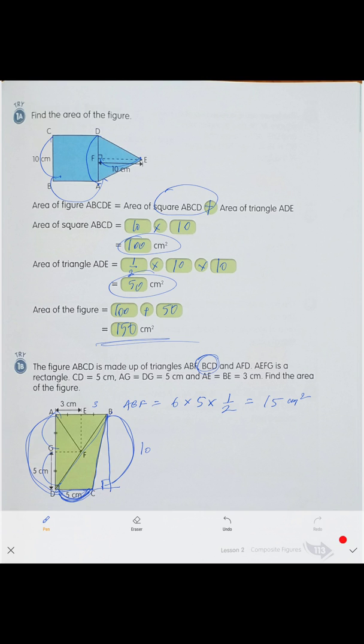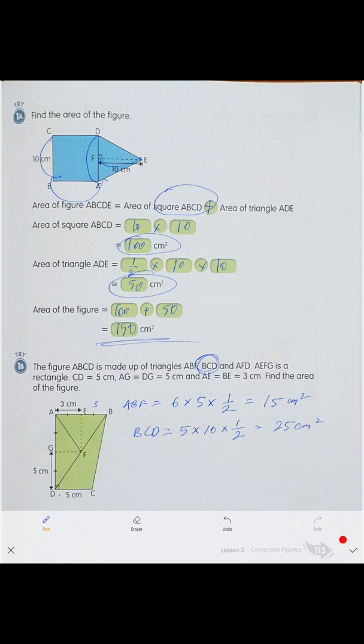The base is 5 centimeters. So triangle BCD is what? Base is 5, height is 10, and we divide it by 2. 25 square centimeters. All right.